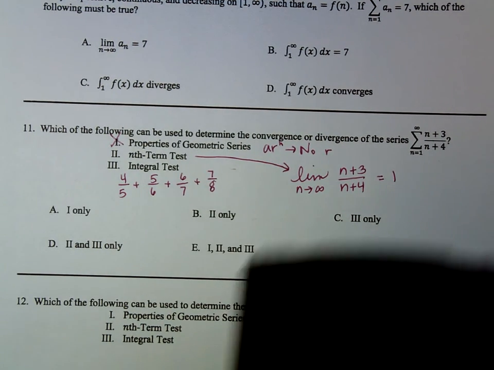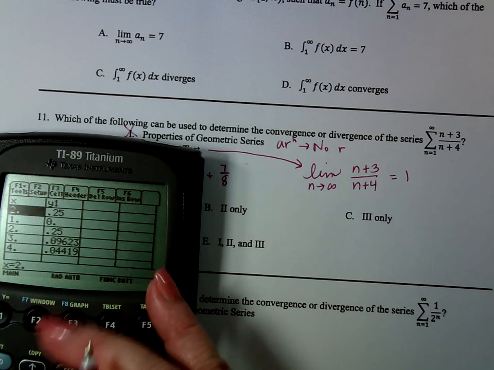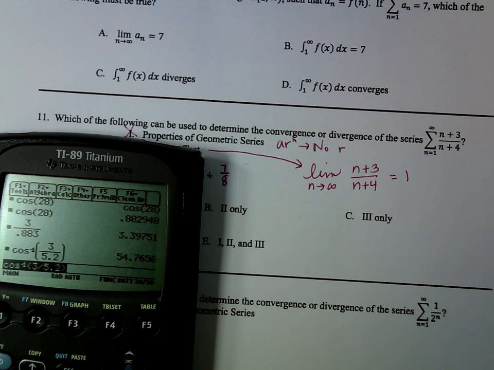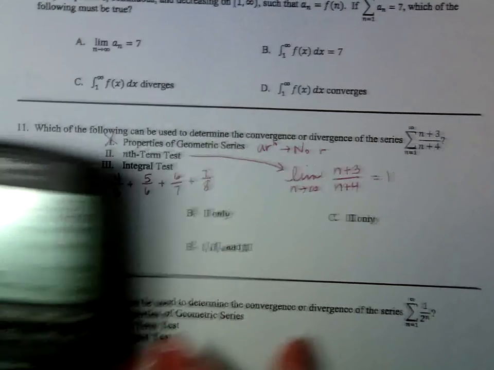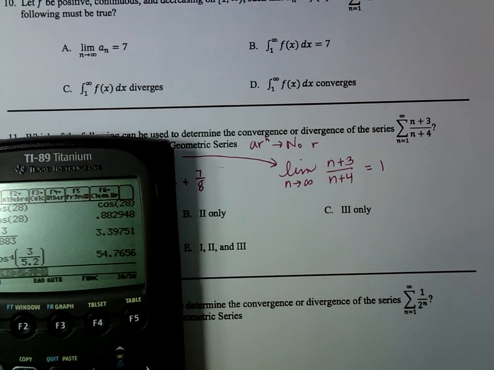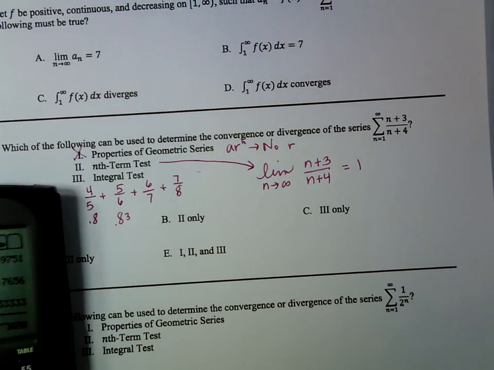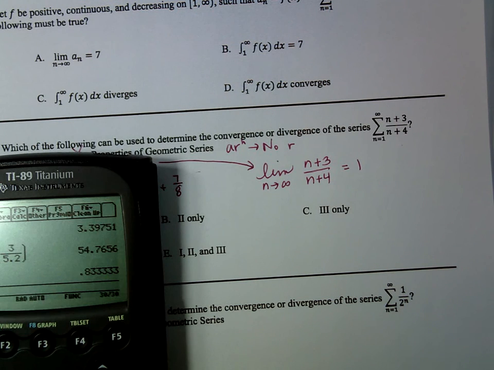Back to my calc here. If I go to dividing these, 4 over 5 we know is 0.8. Right? If I do 5 divided by 6, oh, 0.83. That's not good. Not good for the integral test anyway. If I do 6 divided by 7, now I've got 0.857.